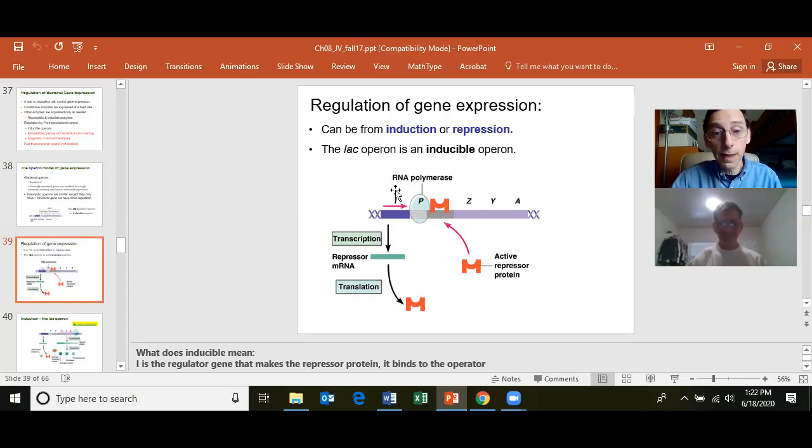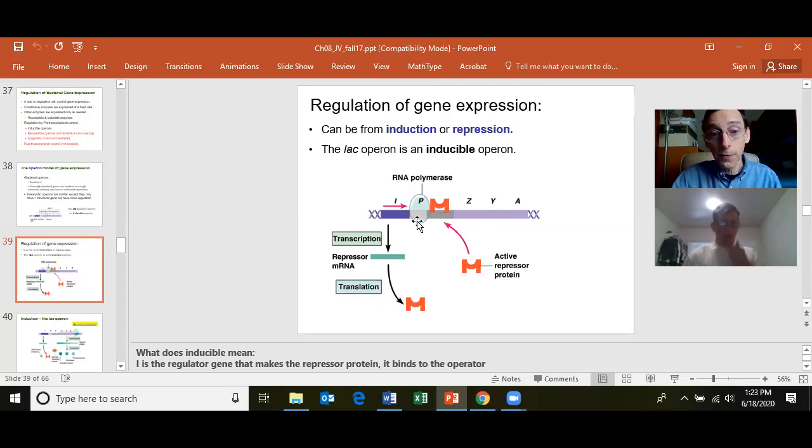Now when the RNA polymerase binds at the promoter region, remember the promoter is part of the lac operon, and it codes for the RNA polymerase to bind to the DNA here. And then the RNA polymerase moves down the lac operon, transcribing messenger RNA as it's going.